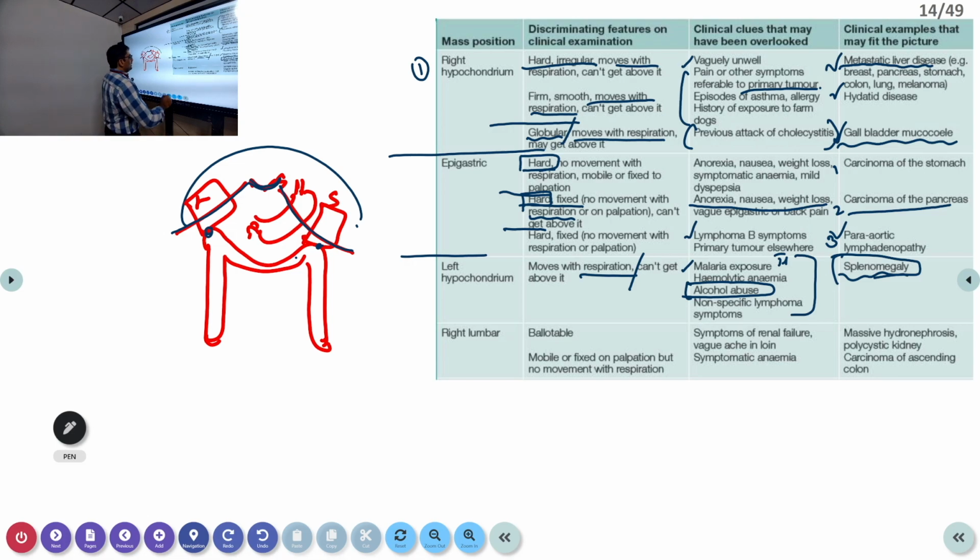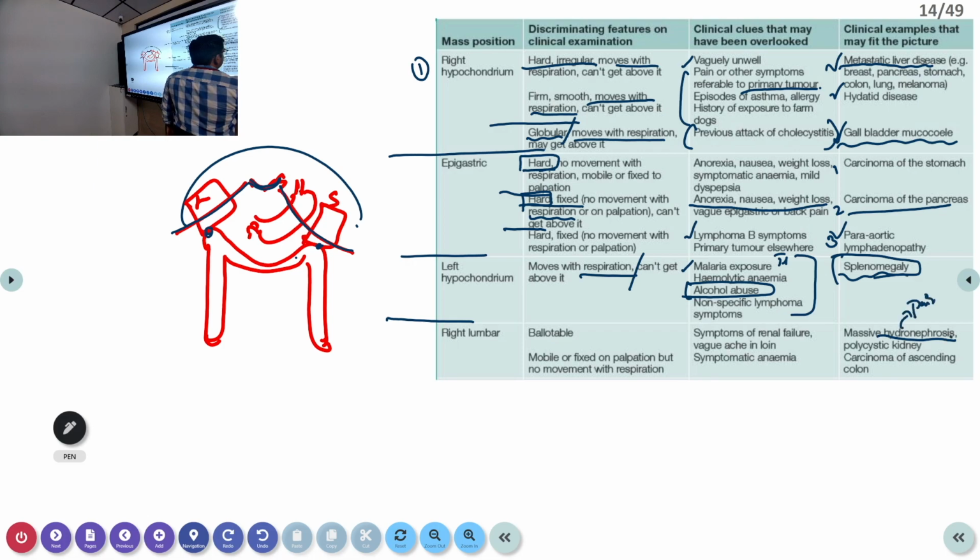The next thing which is very important: rarely they may keep a case of, sorry, a kidney which is palpable. Kidney palpability is difficult to appreciate unless the kidney is grossly enlarged. It is usually grossly enlarged in hydronephrosis, but there the patient will have pain.